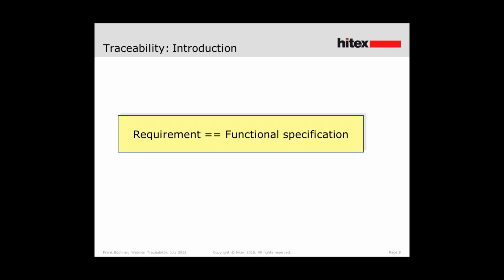It describes what a test object should do, so requirement and functional specification are more or less the same if you look at the content and not at the formal things. At least for the webinar here, I take this as the same.